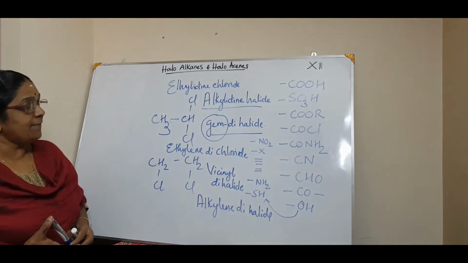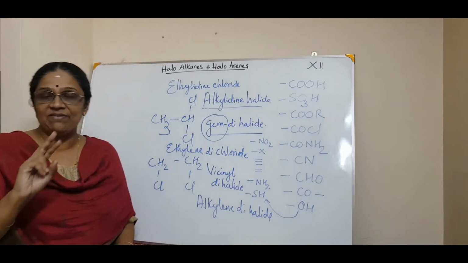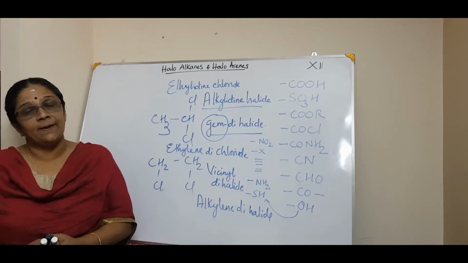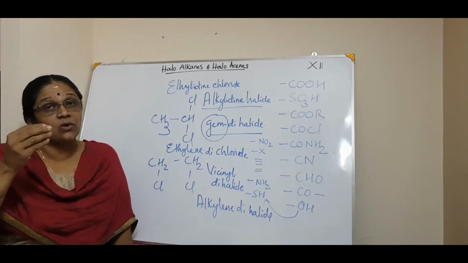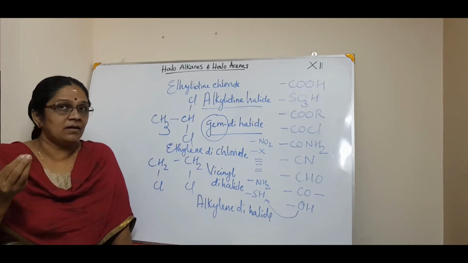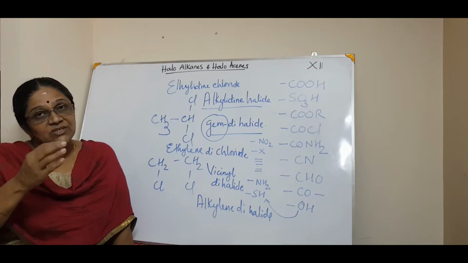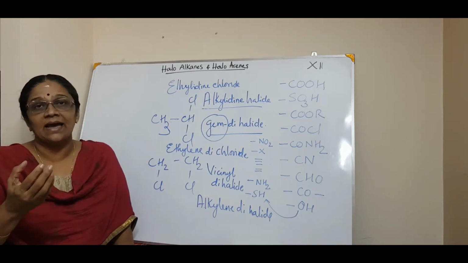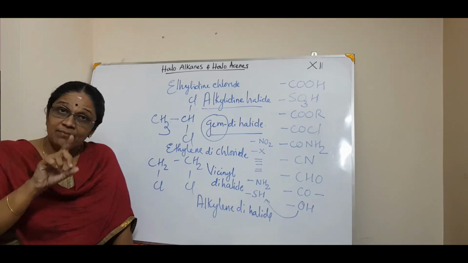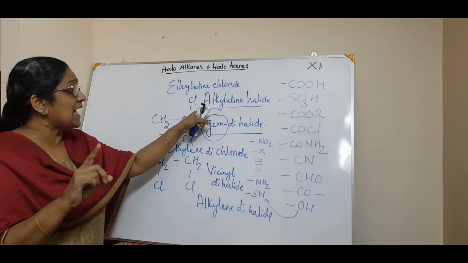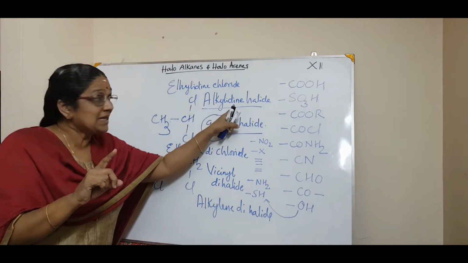So remember, if there is a diderivative of halogens, meaning two halogens are there, and if the two halogens are on the same carbon atom, you call it gem dihalide, and if it is on the adjacent carbon atom, you call it vicinal dihalide. If it is a gem version, then you have to name it as alkylidene. Note down, alkylidene halide.